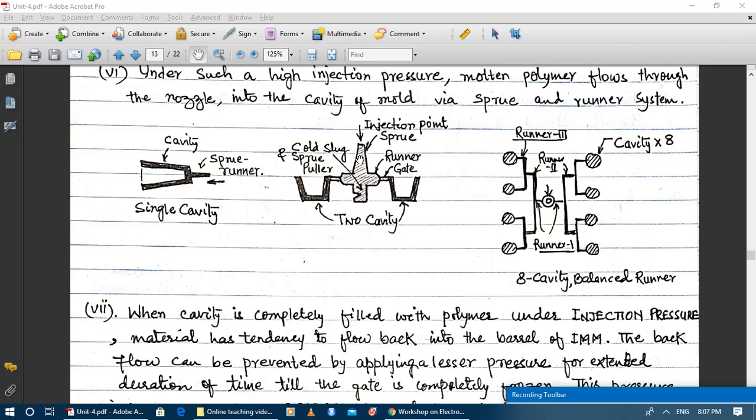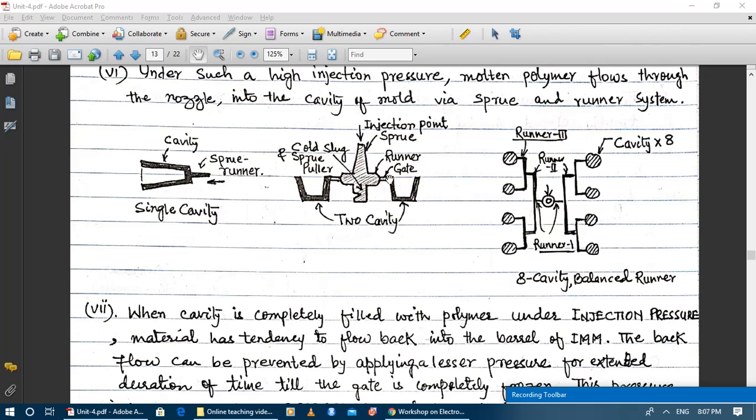Molten polymer will first of all flow through the sprue, then it will flow through the runner. This is my runner, one runner, this is a second runner, and from runner it will flow through a very restrictive space which is known as the gate. It will flow through the gate and then finally it will enter inside the cavity.